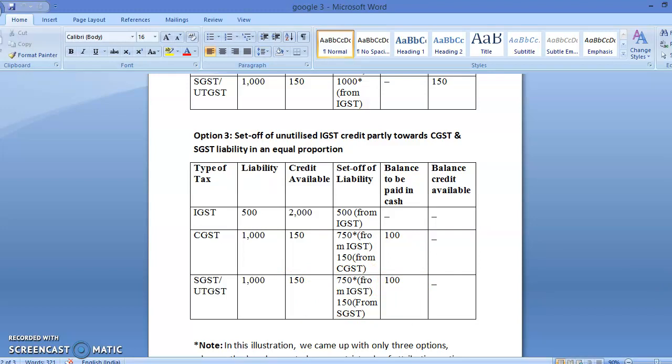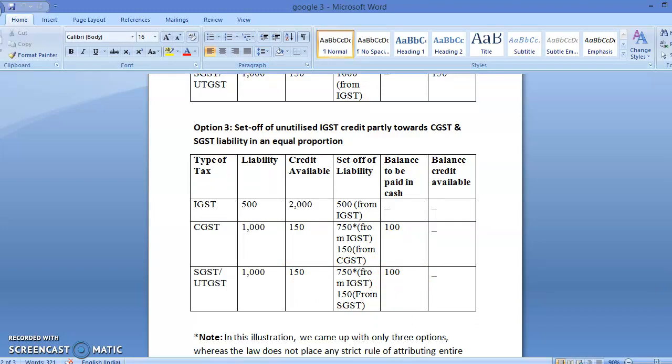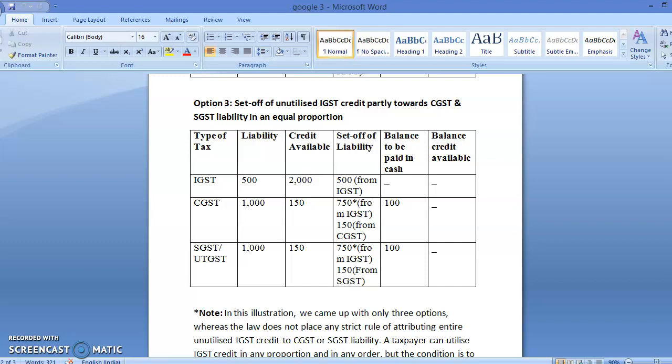So here it's very clear in this illustration we have used three options according to the rule given in section 88A. First, IGST amount has to be completely utilized to set off IGST liability.